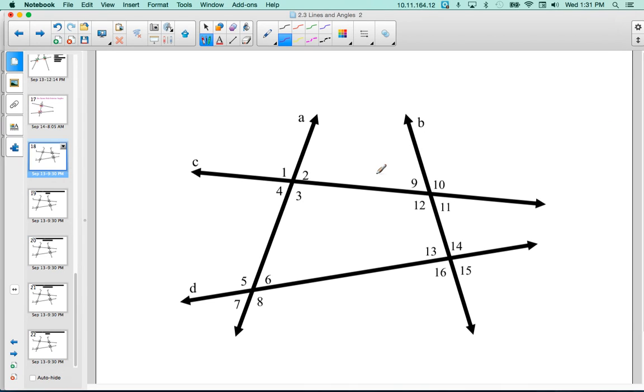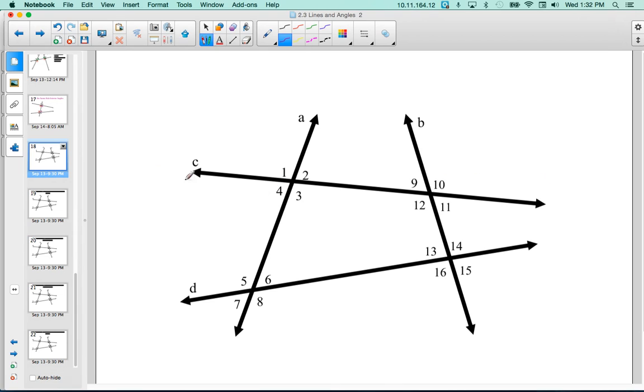We have to identify the transversal before we name that because, for instance, angle 2 could be an exterior angle or an interior angle depending on which transversal.